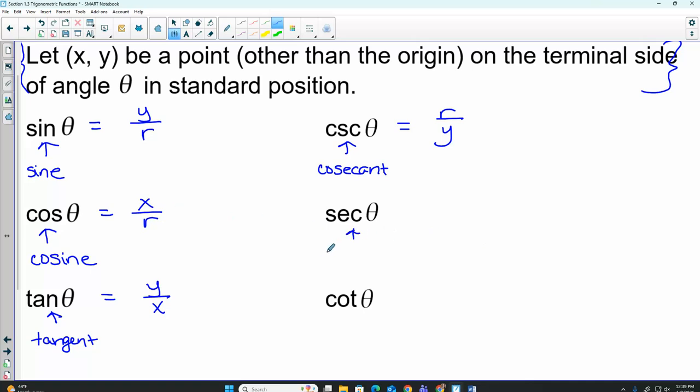SEC, this is called secant. And that is r divided by x. And the final one is cotangent. It's a reciprocal of tangent, so it is x divided by y.